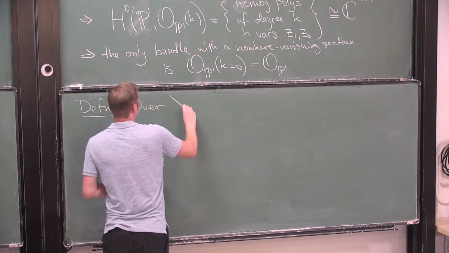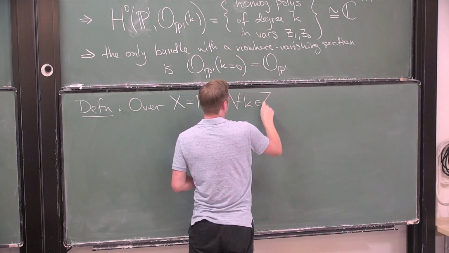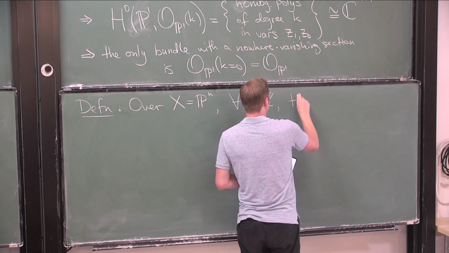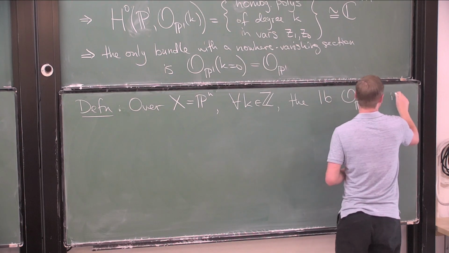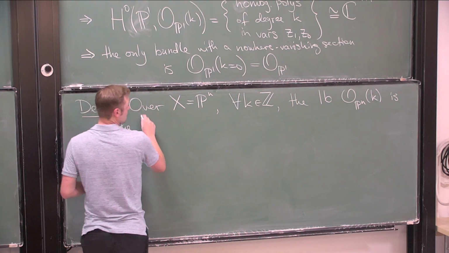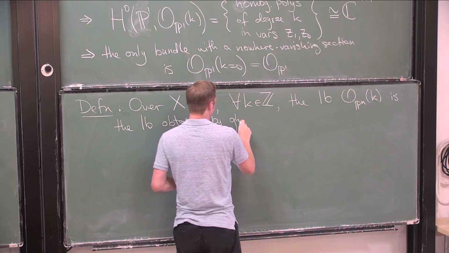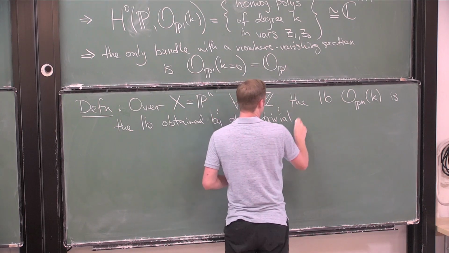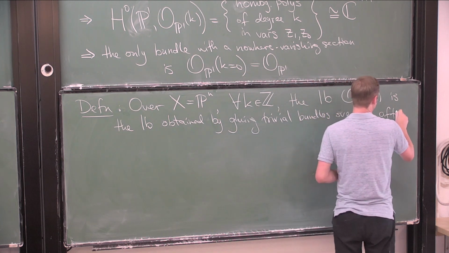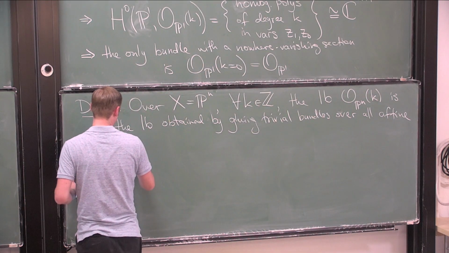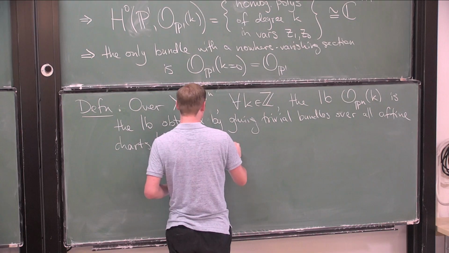Over X, which is now Pn, for any integer k, the line bundle O Pn of k is the line bundle obtained by gluing trivial bundles over all affine charts U_i using the transition map, which is again a power.